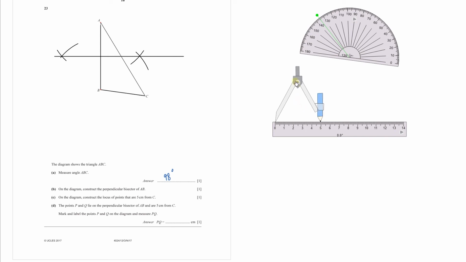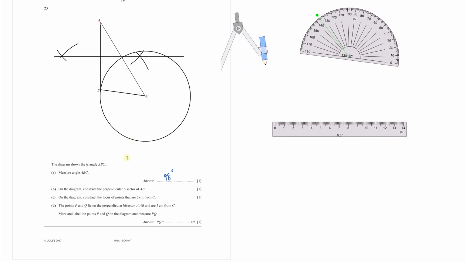So this is almost 5 centimeters. And then I will place it at this point C, and draw a full circle like this.